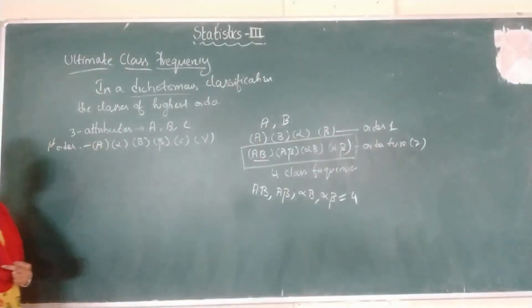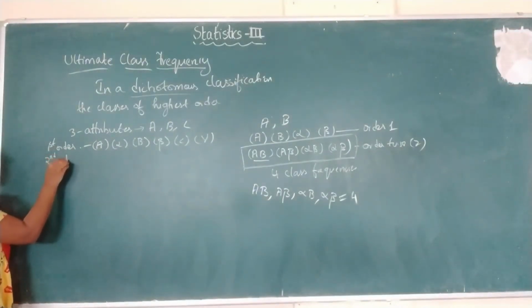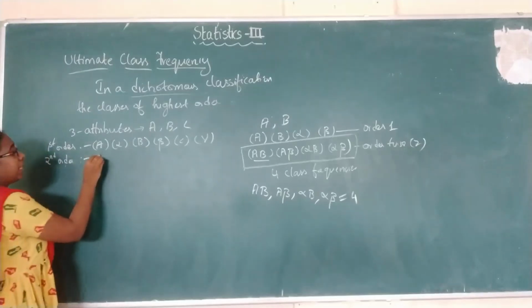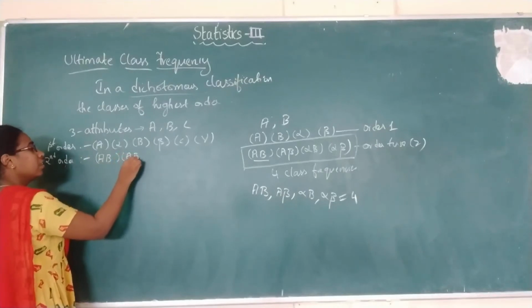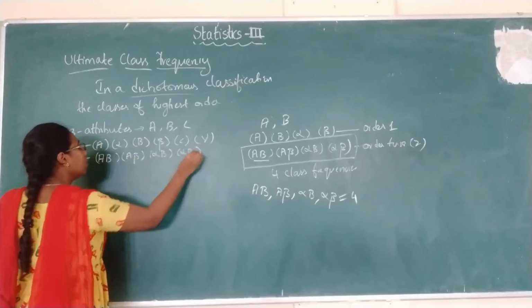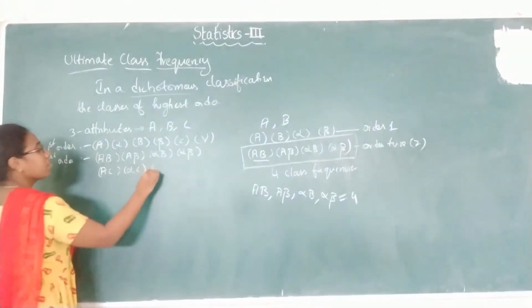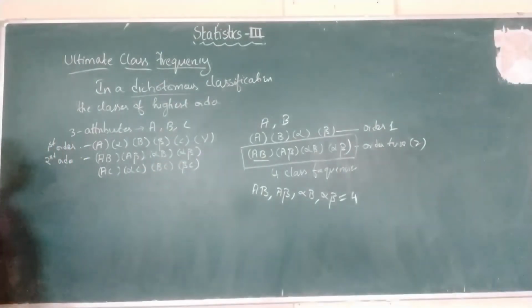Next, similarly, you will get the second order also for 3 attributes. For second order you get AB, A beta, alpha B, alpha beta, AC, alpha C, BC, beta C. These are the different combinations for second order.